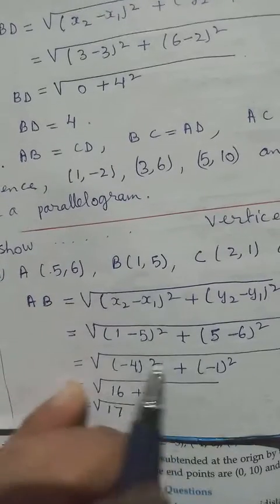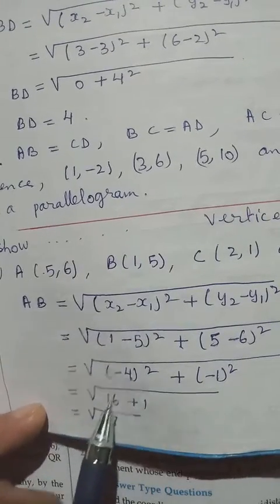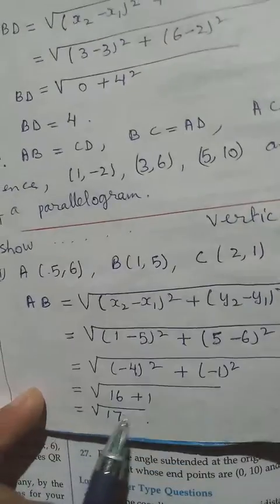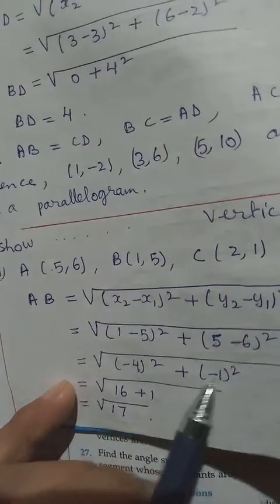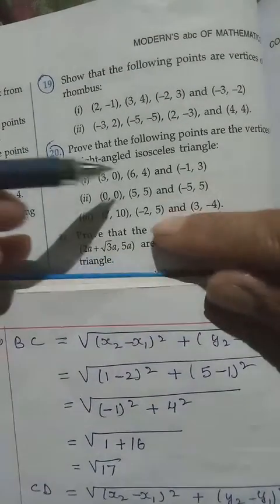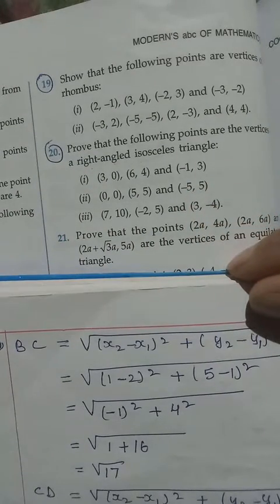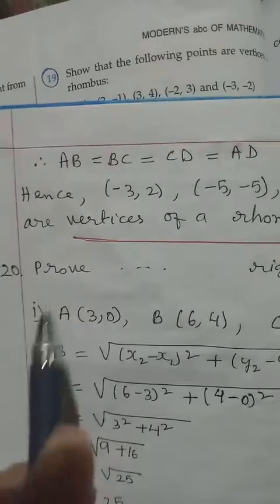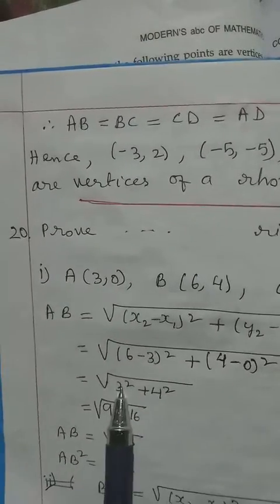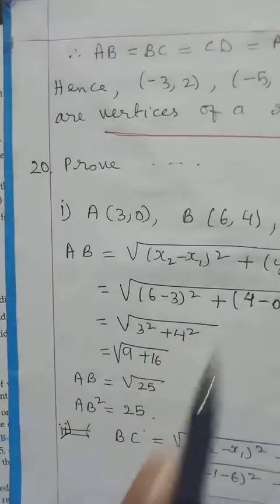So 3 squared will be 9, and 4 squared, 16.